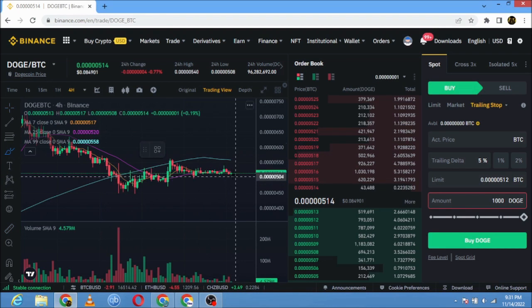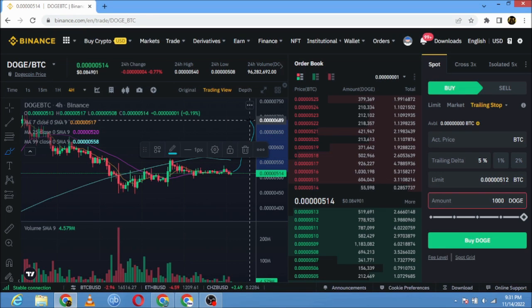If at all the market goes up like this and it reaches up to 686, and after reaching there, it starts to move down. Once it starts to move down, Binance will automatically count, you have made profit from here up to here, but now the market has started to move down.